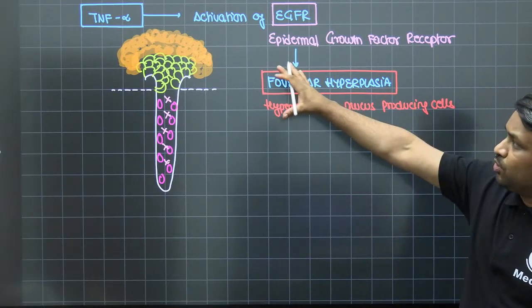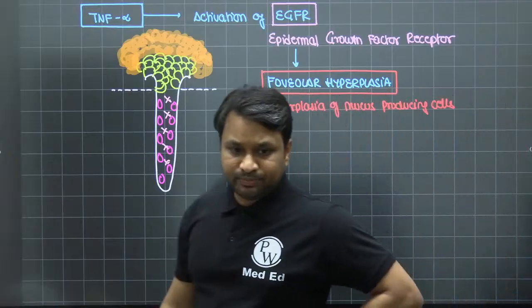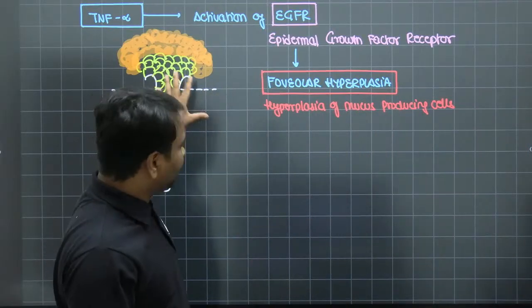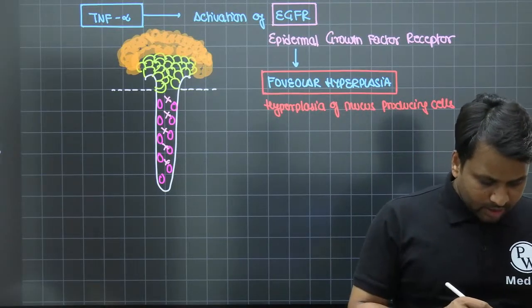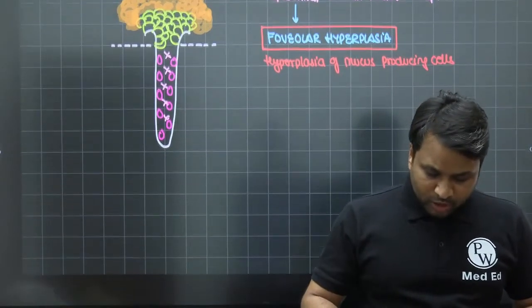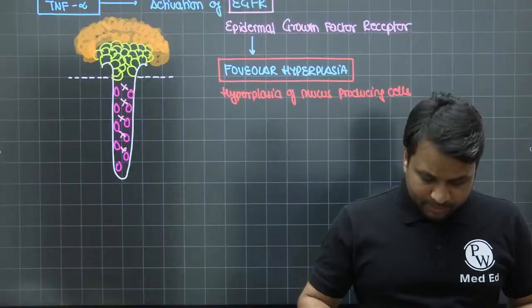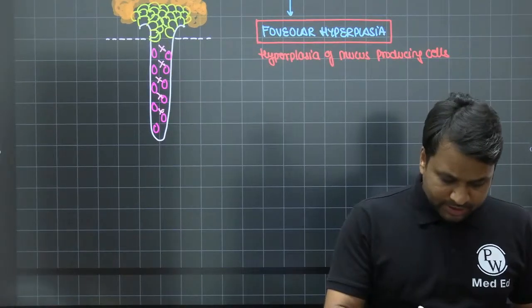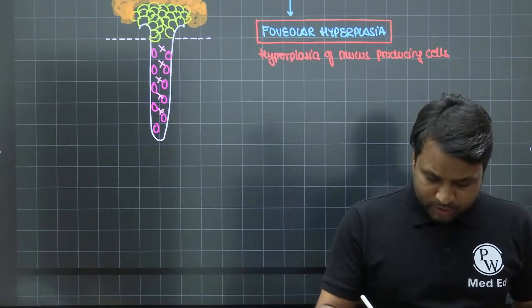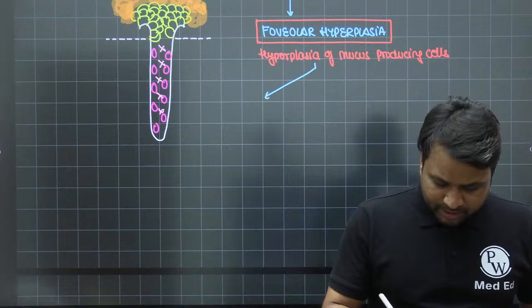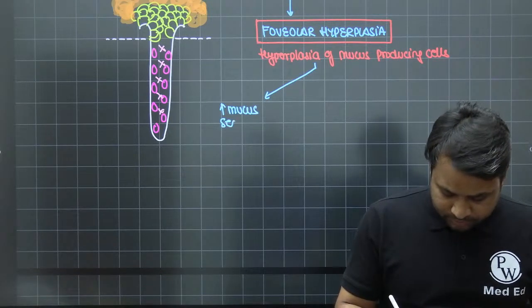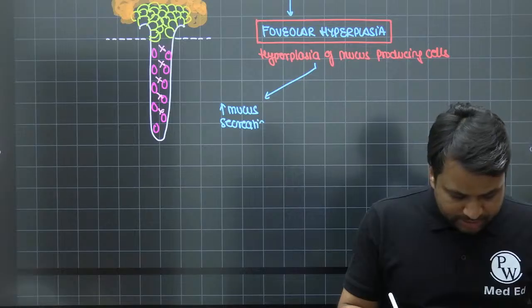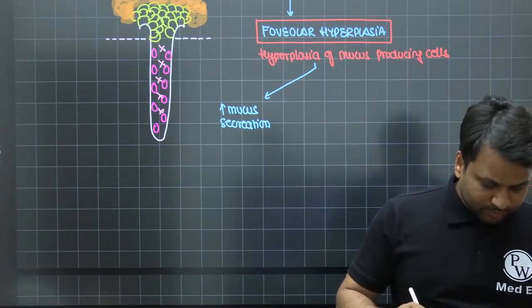Once the mucus secretion is increasing, and another is blocking the gastric pit, hence the problem occurs. So what is going to happen? Because of this foveolar hyperplasia, that is hyperplasia of the mucus producing cells, the effect that you're going to see, number one, is an increase in mucus secretion.